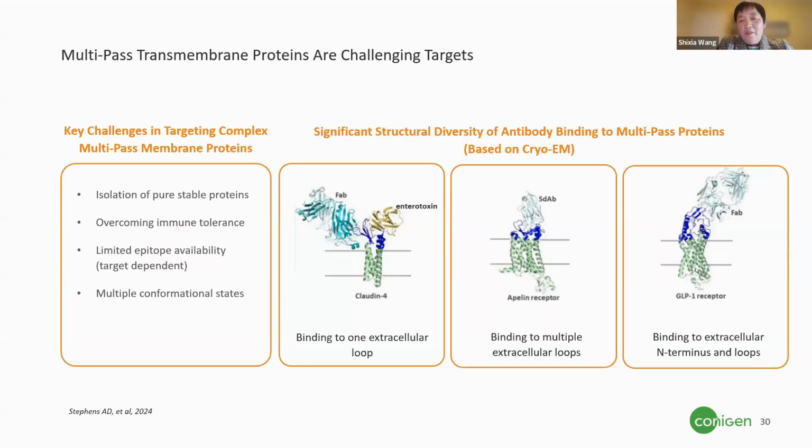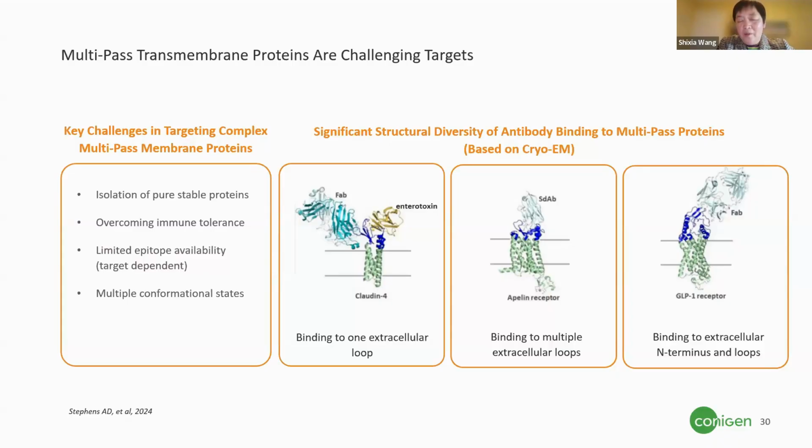We show a few examples of antibody binding to different multi-transmembrane proteins. One is Claudin 4, showing that the antibody Fabs only bound to one of the extracellular loops. Another example is the apelin receptor, a GPCR.